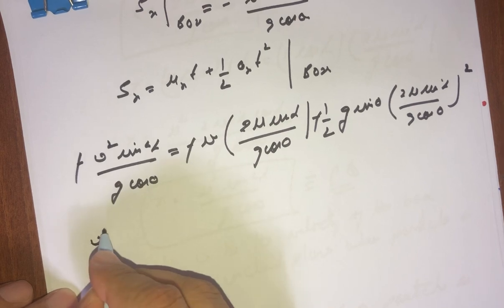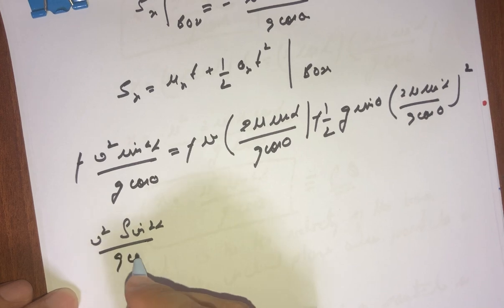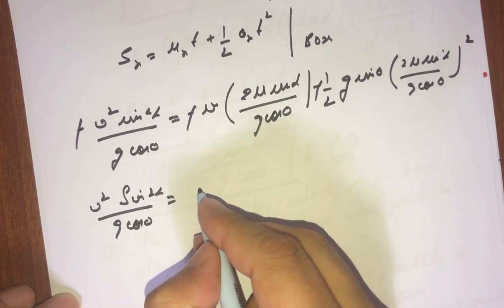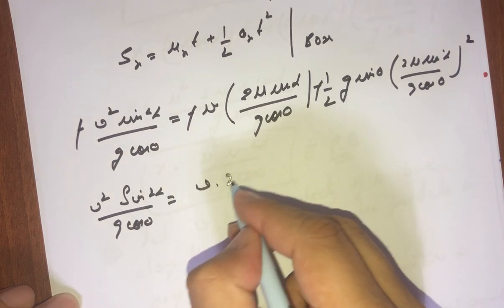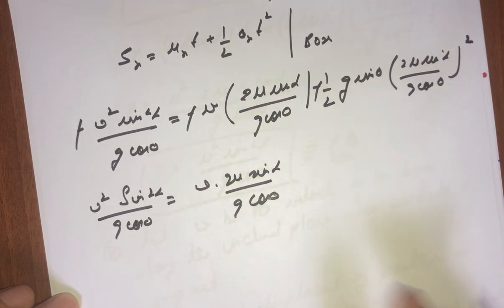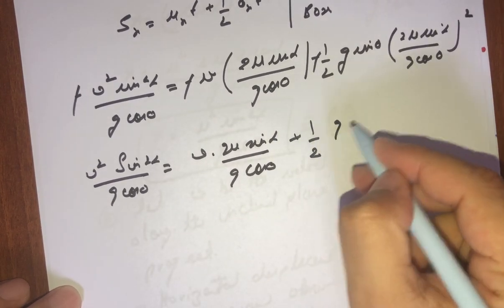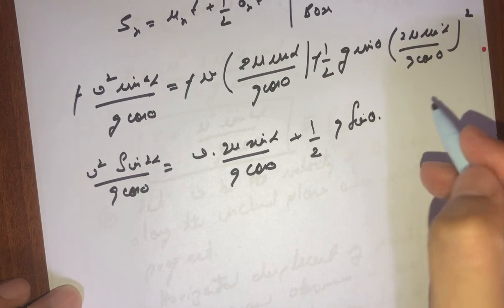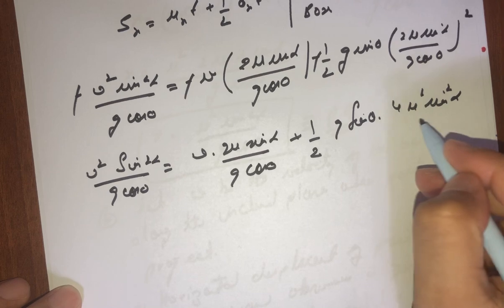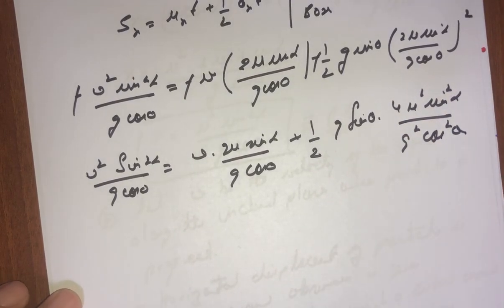So we can write this as u square sine 2 alpha divided by g cos theta, and this will be plus v times 2u sine alpha divided by g cos theta, plus half g sine theta multiplied by 4 u square sine square alpha divided by g square cos square theta.